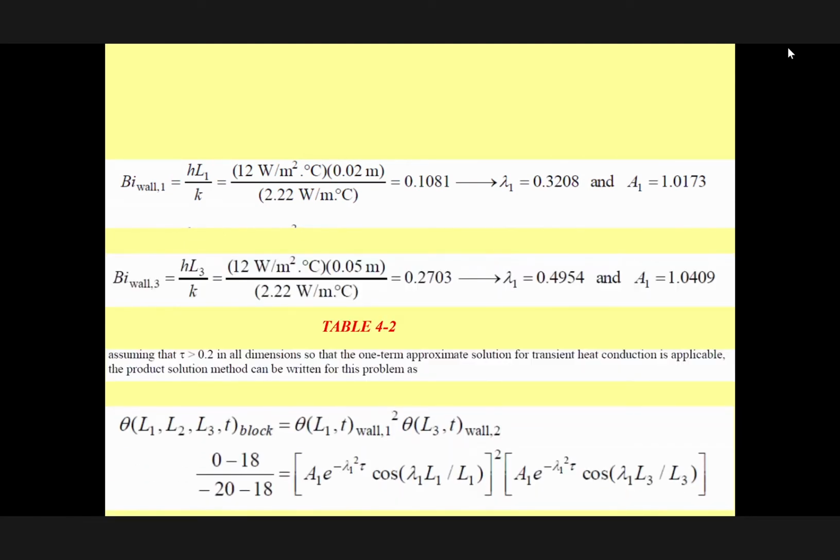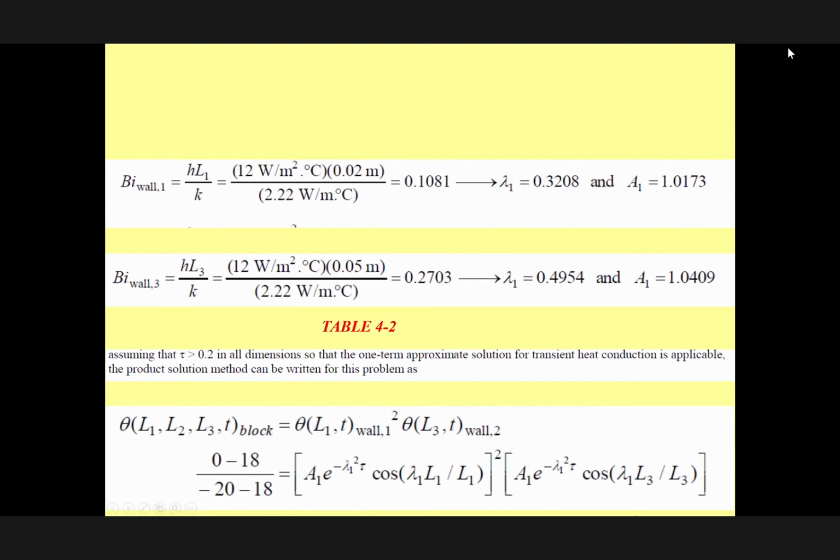But we can always go back and verify our answer. Therefore, I assume the edge, so I'm looking at L equal 2 centimeters and L equal 5 centimeters. That's what we have done here. I'm looking at the edge, and based on that, I found these two numbers. Then, as I mentioned, this block of ice is made of 2 infinite slabs, as we mentioned before.